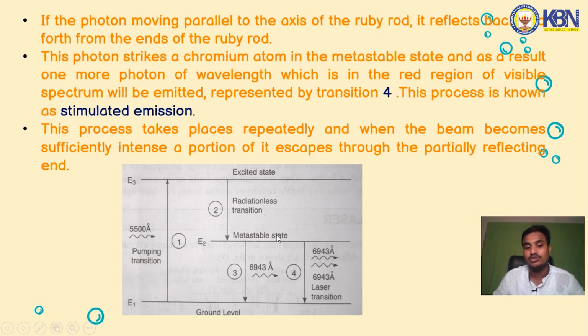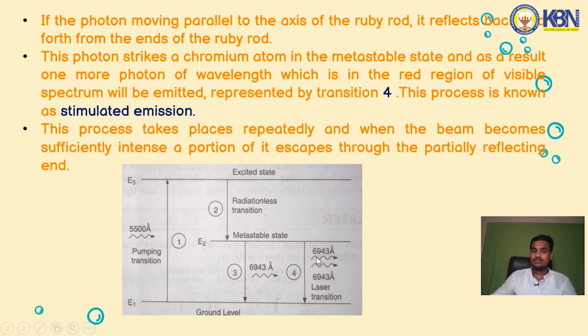As you know, the external influence is this photon; by hitting the atom, it comes to the ground state by emitting an additional photon. This process is known as stimulated emission, which is responsible for the laser transition, and it is represented by transition number 4.